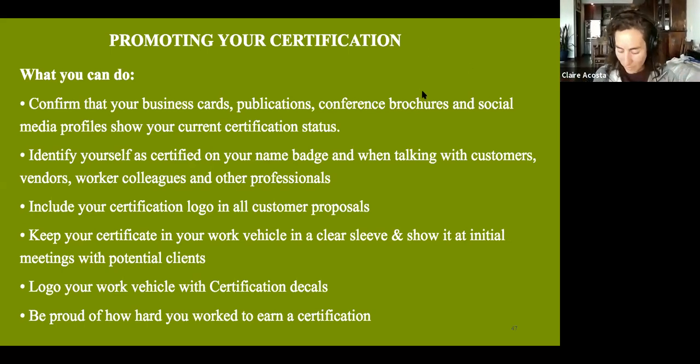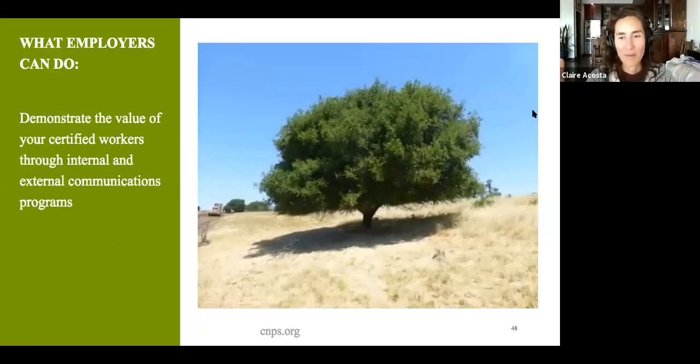And then of course, lastly, you can just be proud of yourself for taking the time through all these classes to actually learn something about native plants and their maintenance, and it shows your dedication to that. If you're an employer, right now currently the program doesn't certify employers or entities or businesses.